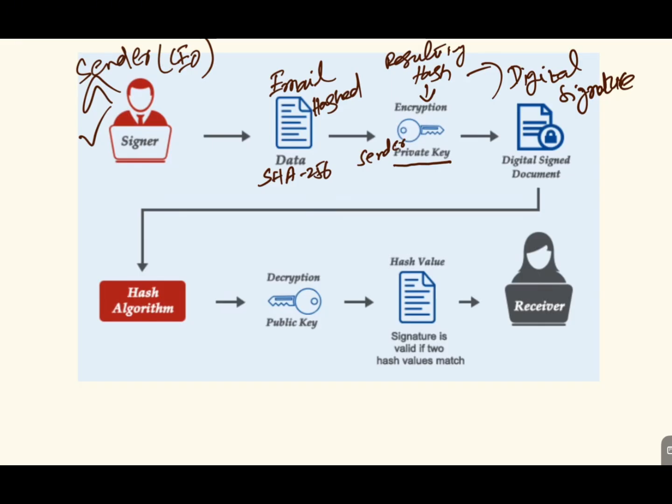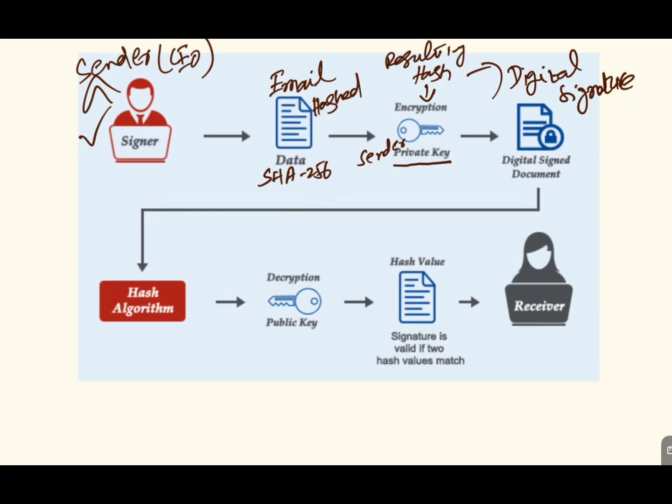Now the sender sends the original email content. So this email content is always visible, so everyone can see it. We are not going to encrypt the original content, so we need to make sure of that. When we talk about digital signature, we are not talking about confidentiality.